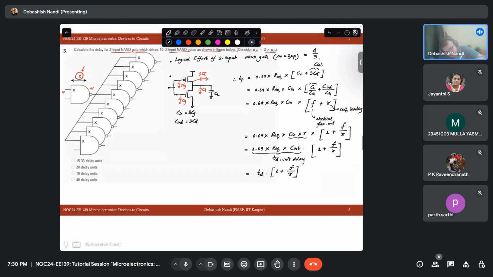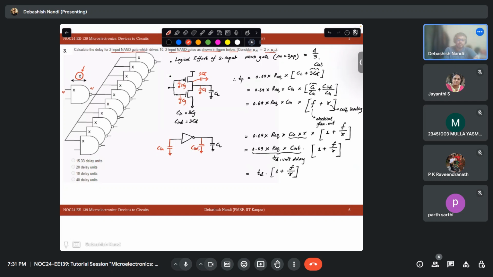Now, what is TD? So this circuit is the same as this circuit, right? So this was my CL, and this was my C in, and this was my C internal.